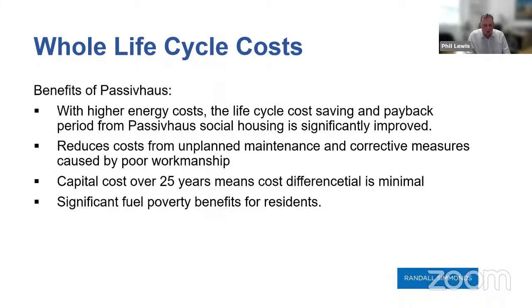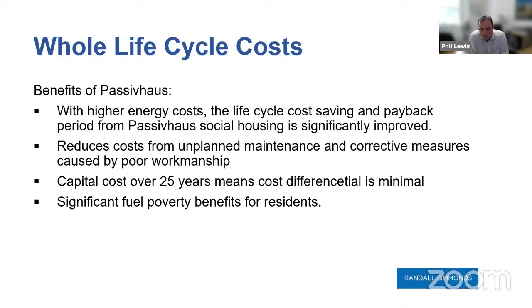And then a quick note on whole life costs. I was going to put some data in, but I think really it's about the key messages. The higher your base energy cost, the bigger the saving from using Passive House on your life cycle costs is going to be.